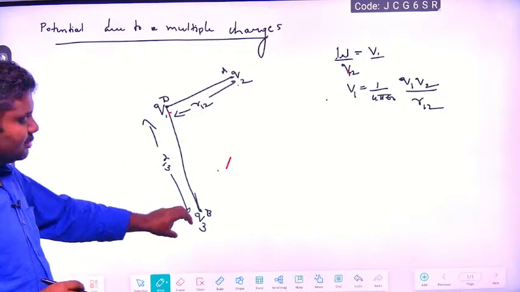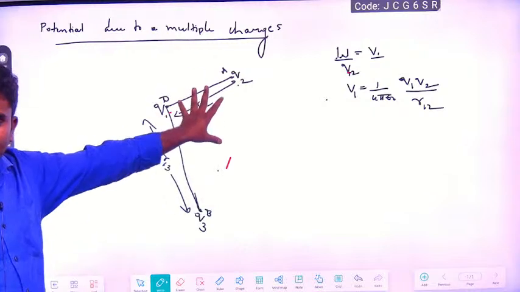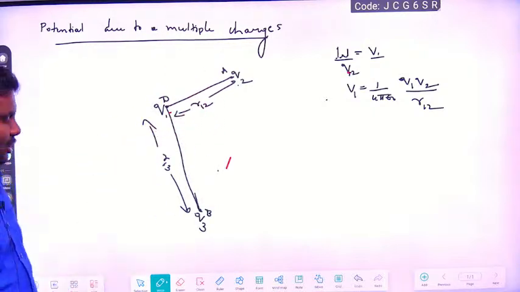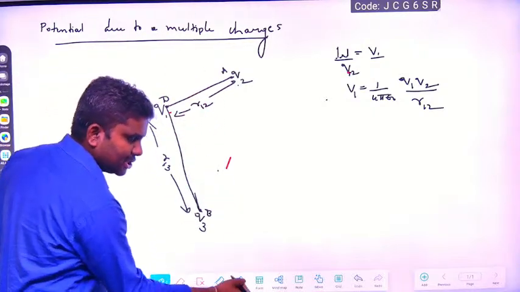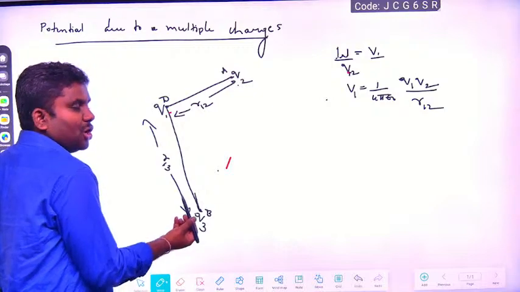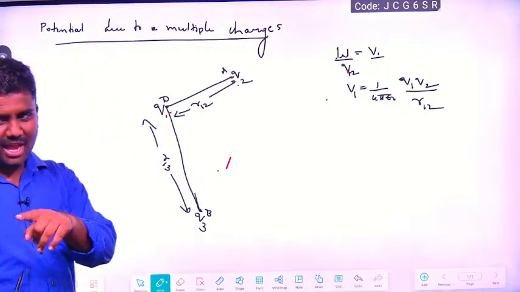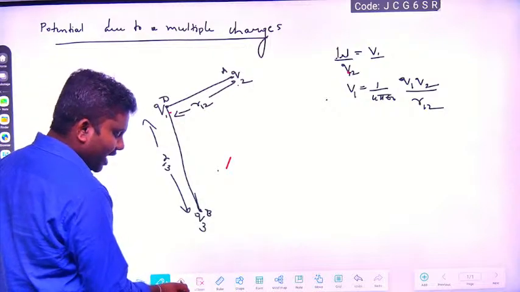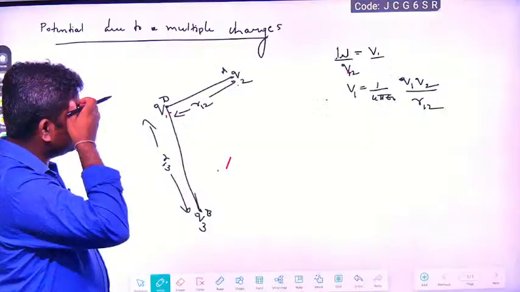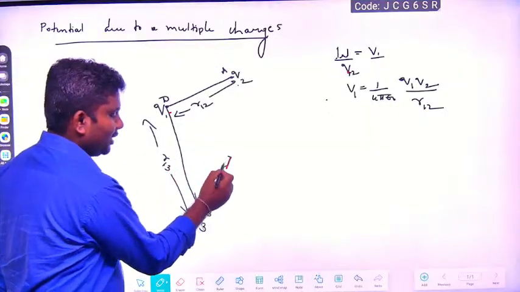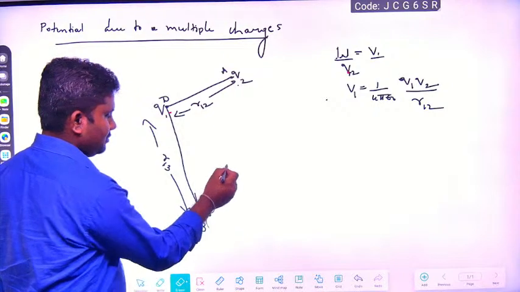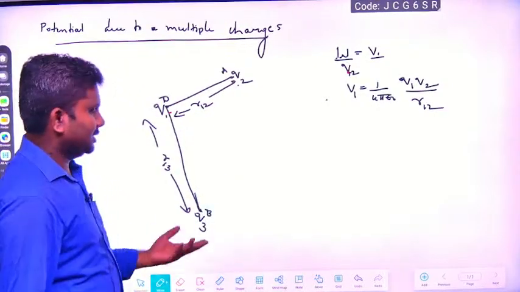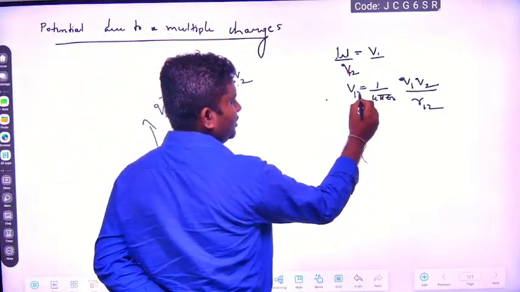This charge is now in the region of the field. Correct, right? The field will act in the opposite direction, and I am bringing the charge opposite to the field. Now I need to do some work. What is the work?